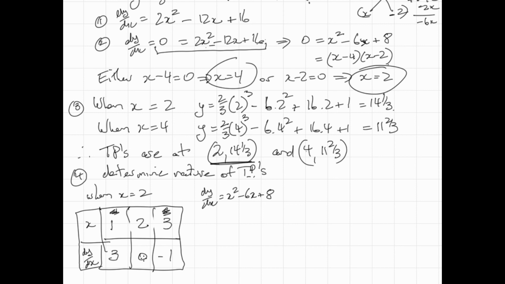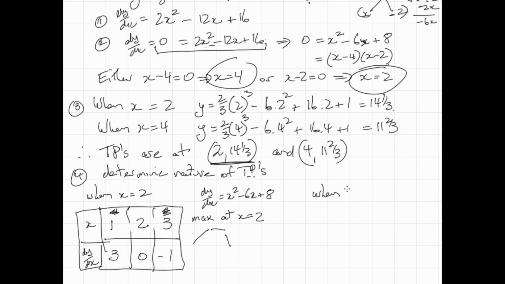From this we can see that we're going from a positive gradient, to a 0 gradient when x equals 2, and then a negative gradient when x equals 3. So therefore we have a maximum at x equals 2.